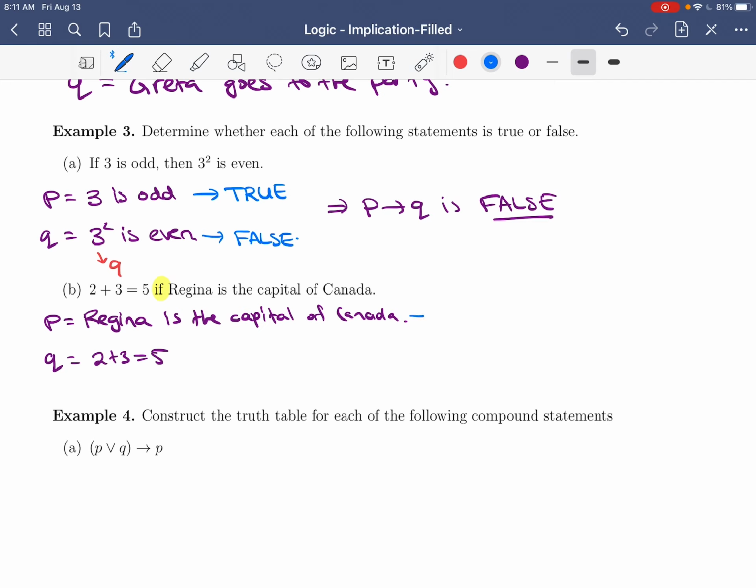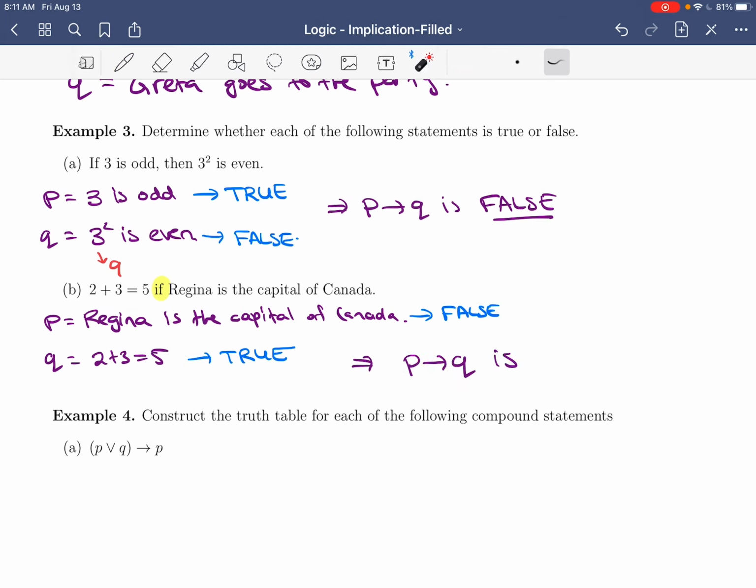Regina is not the capital of Canada, so that is false. 2 plus 3 does in fact equal 5. So here, the premise is false and the conclusion is true. So what do we say about the implication?